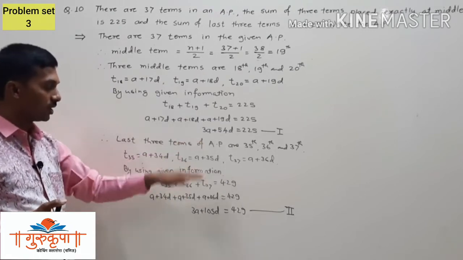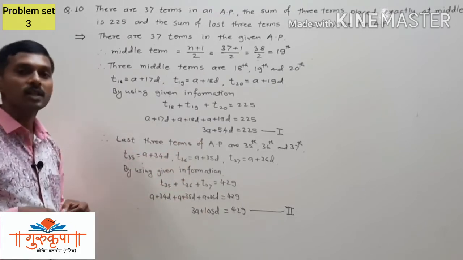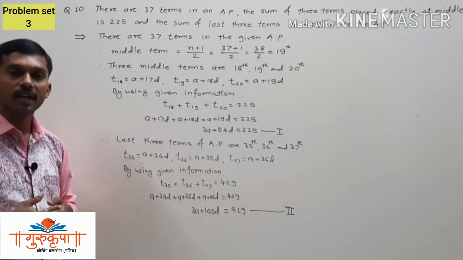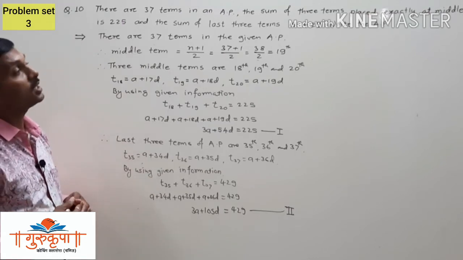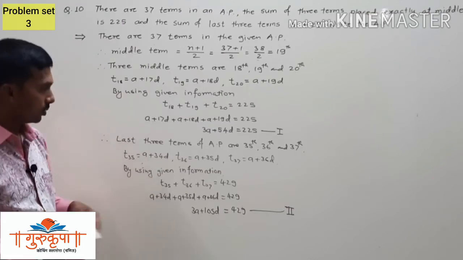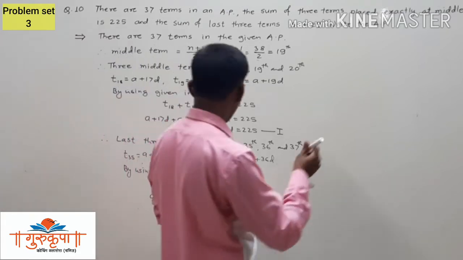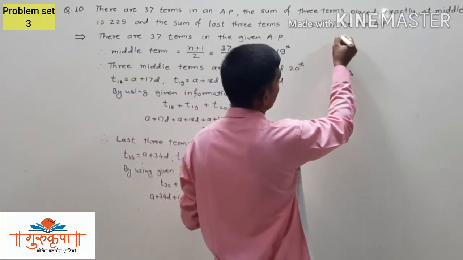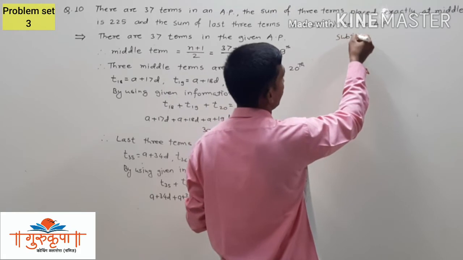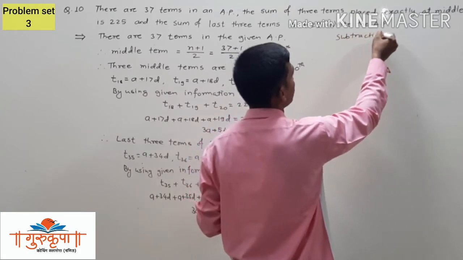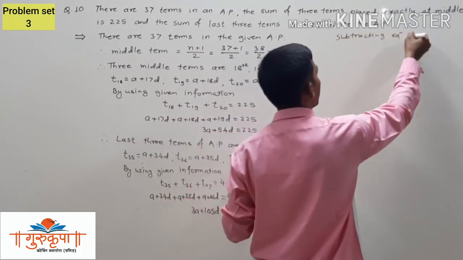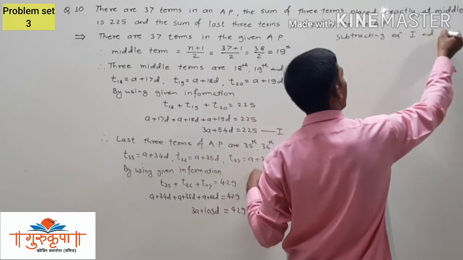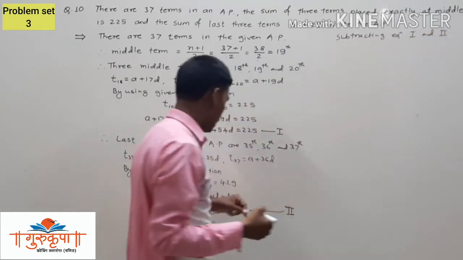Now simplifying these two equations, we will easily get the values of A and D. So here, subtracting equation 1 and 2, we have to take the subtraction of these two equations.